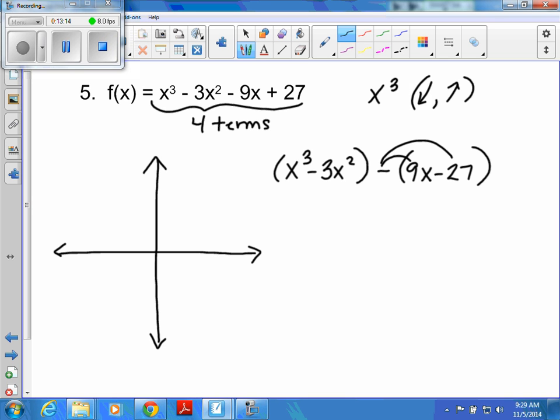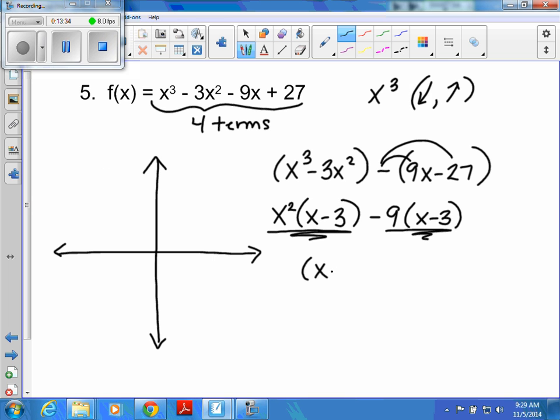After you group the first 2 and the last 2, I'm going to take the GCF out, which is x squared, and I'm going to be left with x minus 3, minus, I'm going to take a 9 out of this group, and I'm going to be left with x minus 3. Then I'm going to take what they have in common, which is x minus 3. What do I have left if I take an x minus 3 out of the first part?